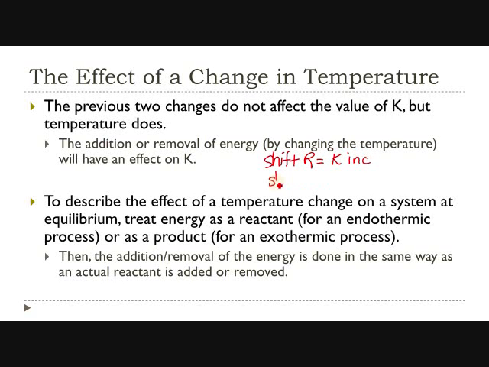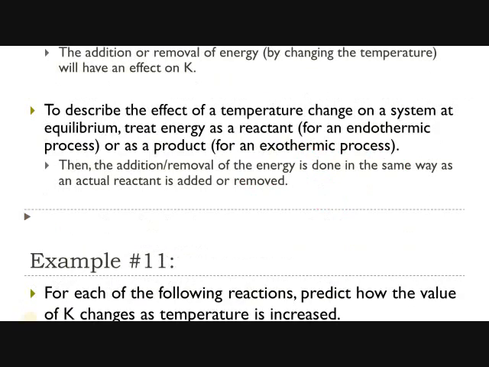And if you shift to the left, you're increasing the reactants, and so the K goes down. It all has to do with how the equilibrium expression is set up, products over reactants. If you're shifting to the right, you're producing more products, so your numerator gets bigger, and that's why K increases. If you shift left, the denominator gets bigger, so the value of K is lower.